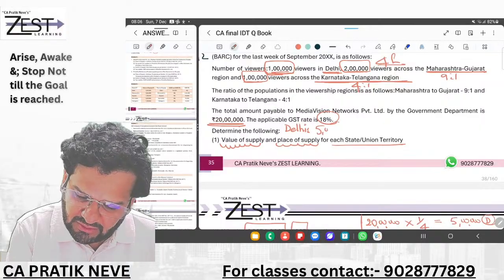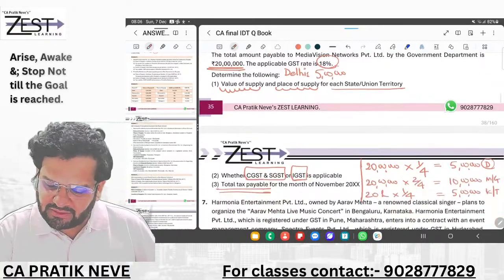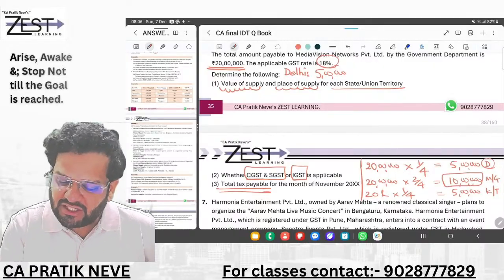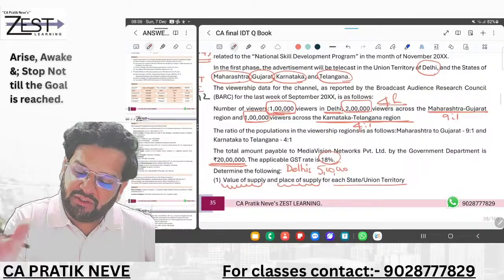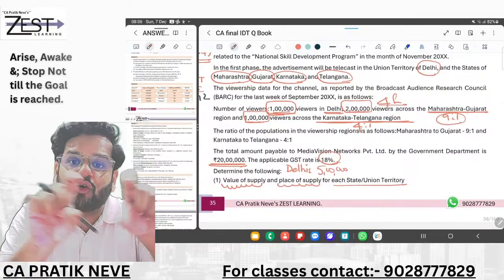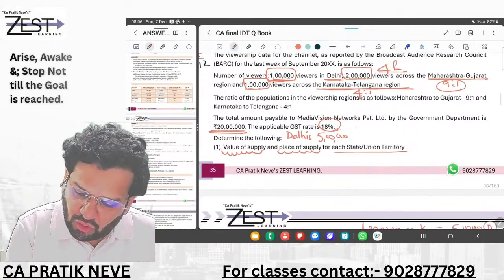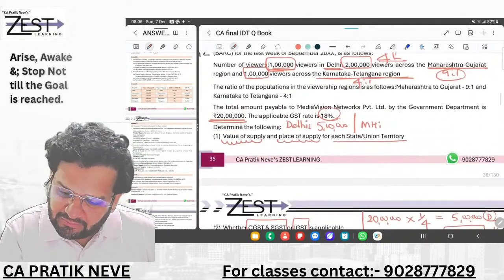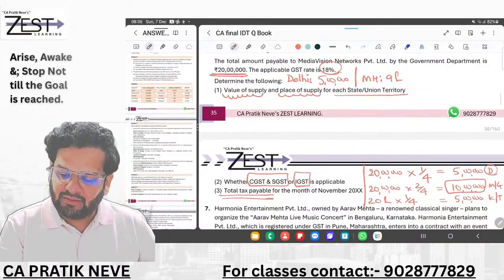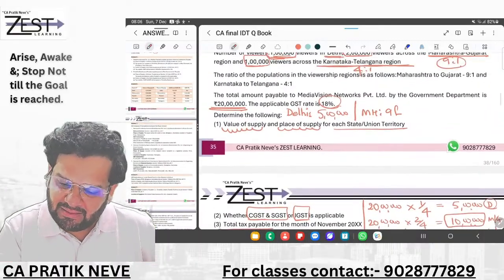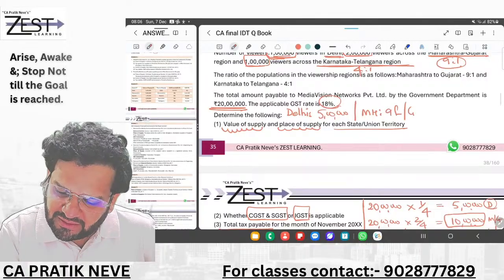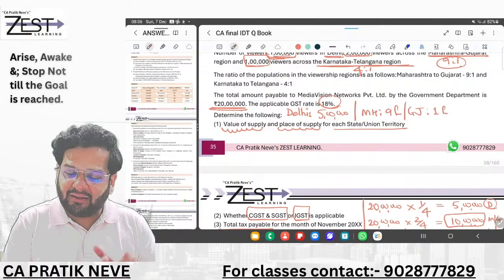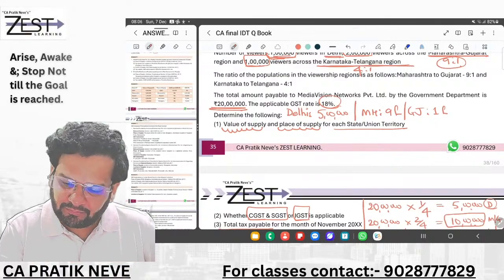That is done. Now you have to fix between Maharashtra and Gujarat. Overall, Maharashtra and Gujarat is 10 lakhs. Now within that 10 lakhs, there is ratio of 9:1. So Maharashtra will fix at 9 lakh. How 9 lakh? 10 lakh into 9 by 10, and Gujarat will fix at 1 lakh. How 1 lakh? 10 lakh into 1 by 10.